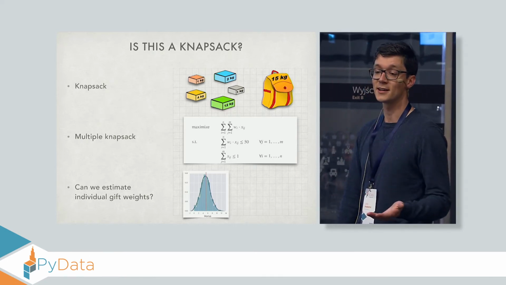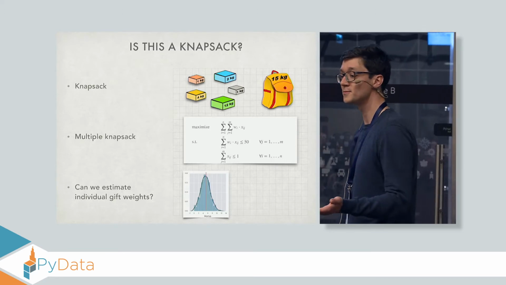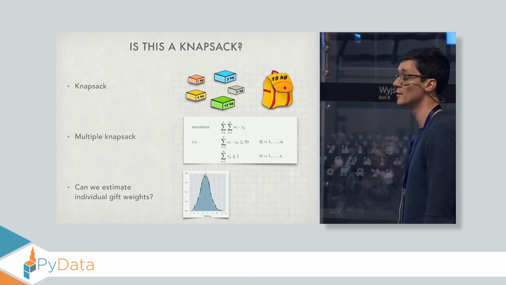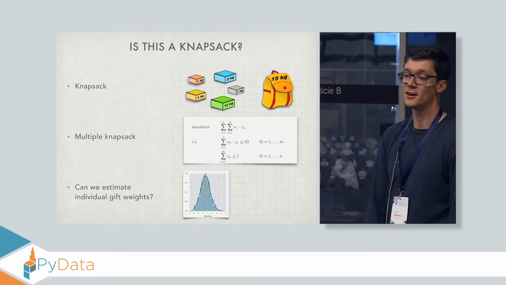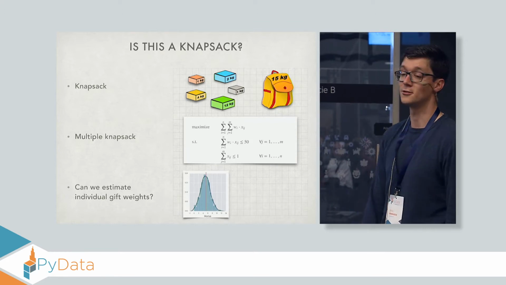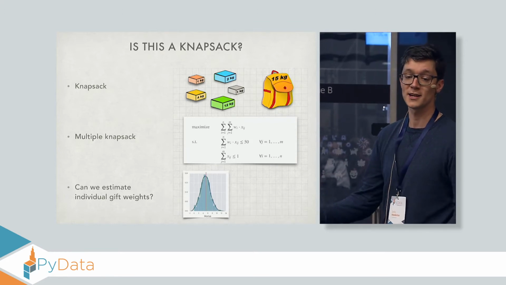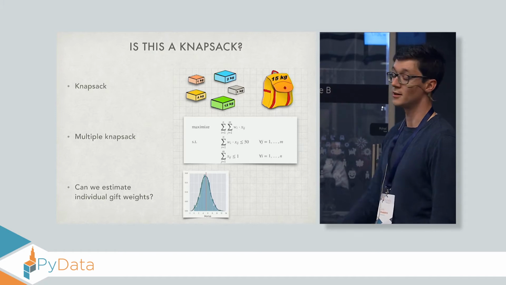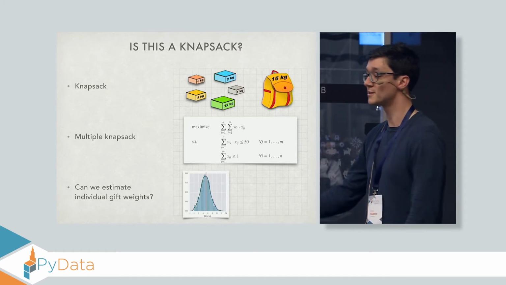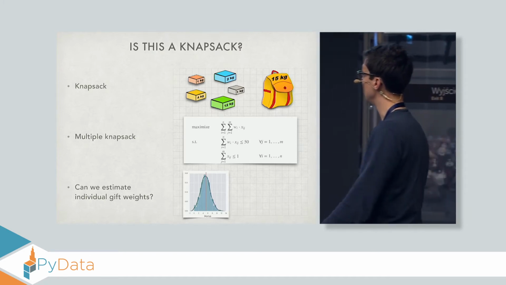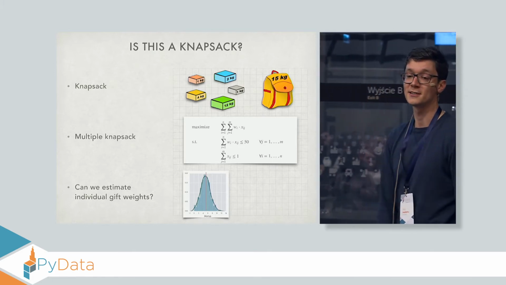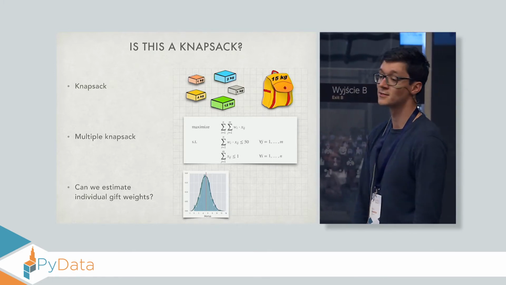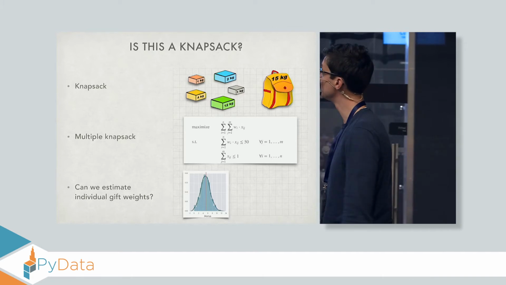You know the weights and you know the value of items, and you don't have to pack all of them. So in this case, we have to pack multiple bags, so that's why it's a multiple knapsack, and we can write down an optimization problem with all the constraints and all that. But still one thing is missing, and that's the weights, because we don't know them.